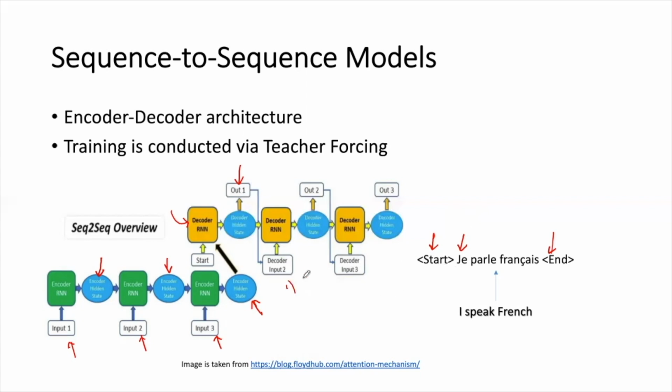This generates the word J, but it is the vector representation for J that is passed on. Once we pass that, we also provide the previous decoder hidden state. These two are taken as the inputs, and we have the next decoder hidden state, and similarly we generate the next output word.